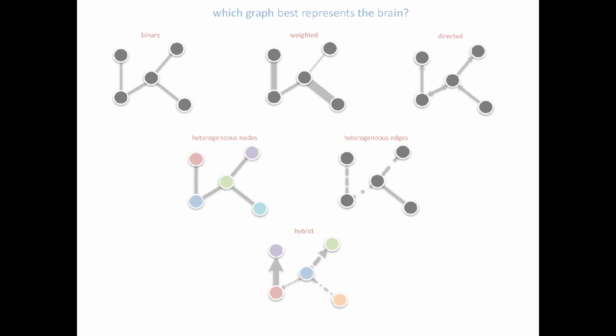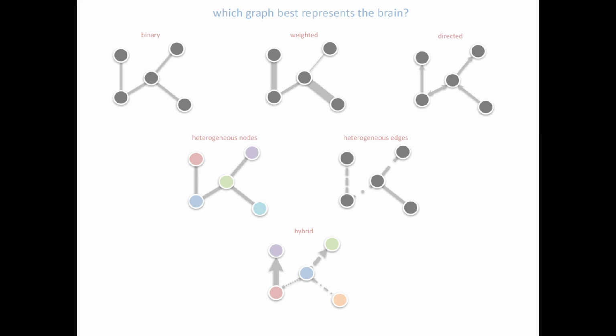And we also know that not all brain regions or nodes are the same, right? Nodes vary in terms of their cytoarchitecture, their neurochemical profile, their intrinsic dynamics, and we might want to represent that heterogeneity in some way. So maybe we need to incorporate node heterogeneity in our representation. And we also know there's different types of connections.